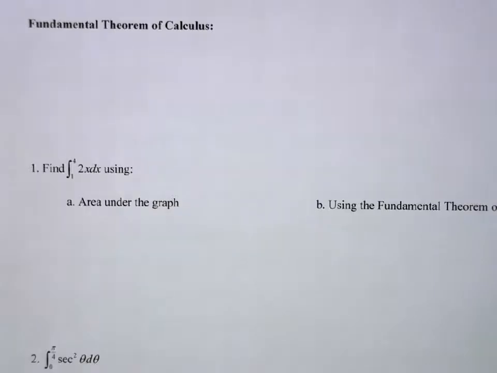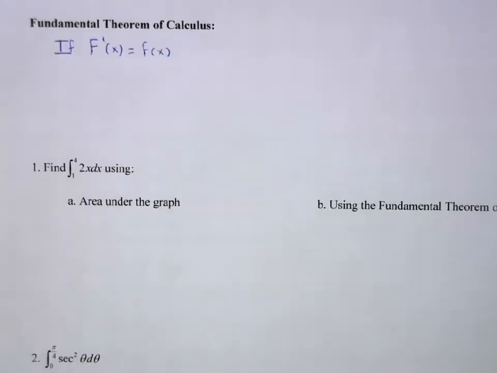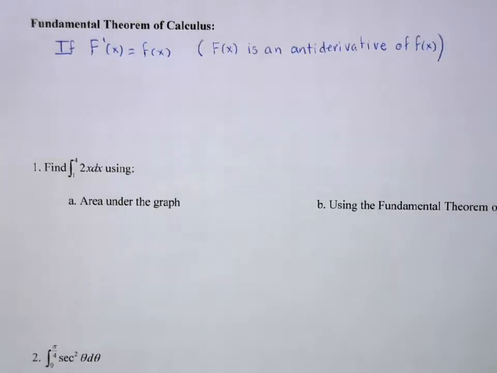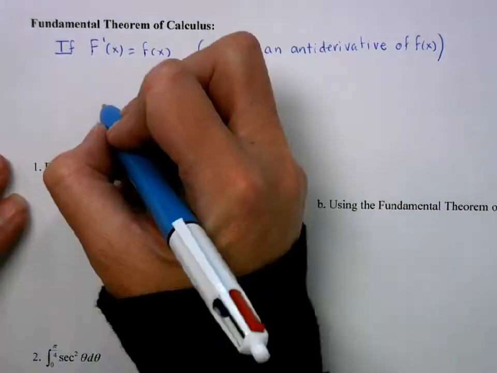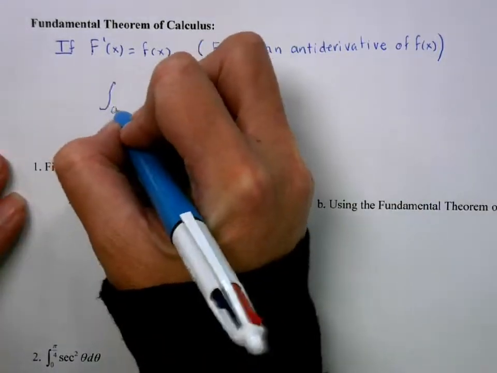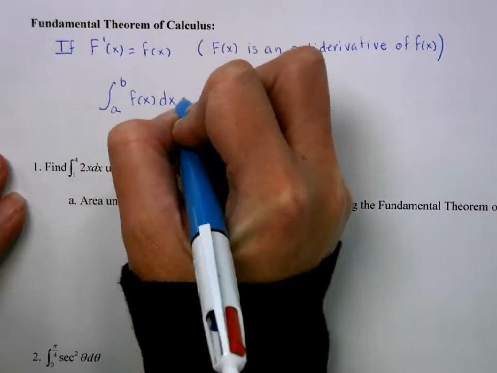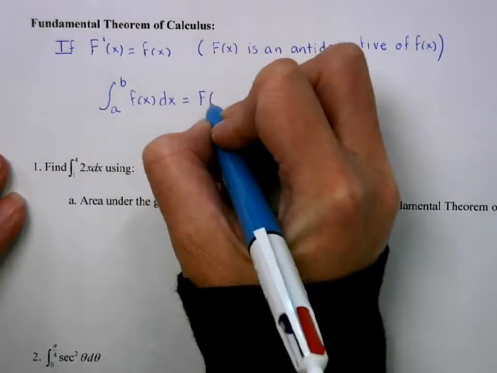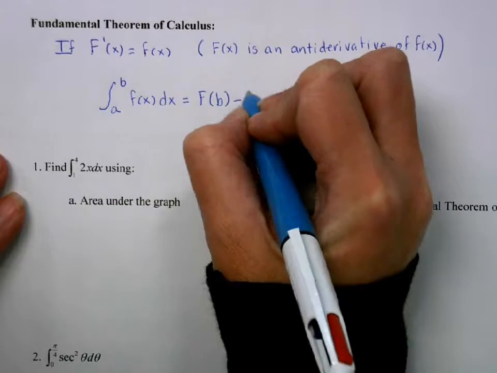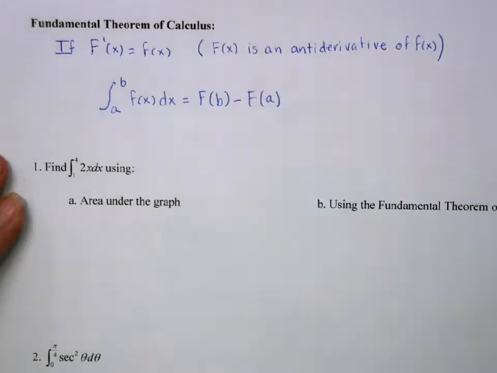So let's formalize that idea. If F prime of x equals f of x, another way of saying that is capital F of x is an antiderivative of f of x, then the integral from a to b of f of x dx is going to be F of b minus F of a.